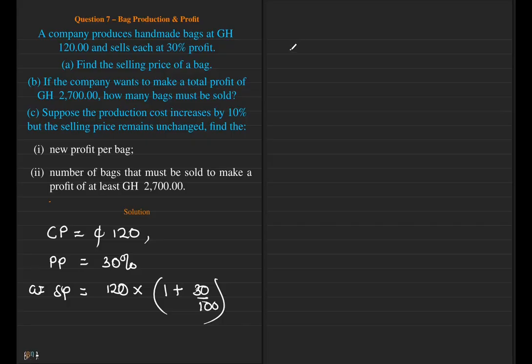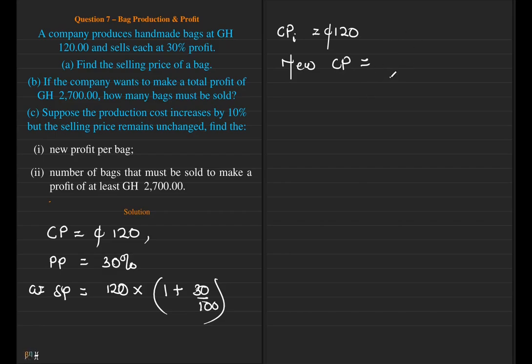So let's write that as cost of production initial, I'm just going to put I over here, and that is 120 cedis, and it's going to increase by 10%. So the new cost price is then going to be what? A 10% increase of 120.